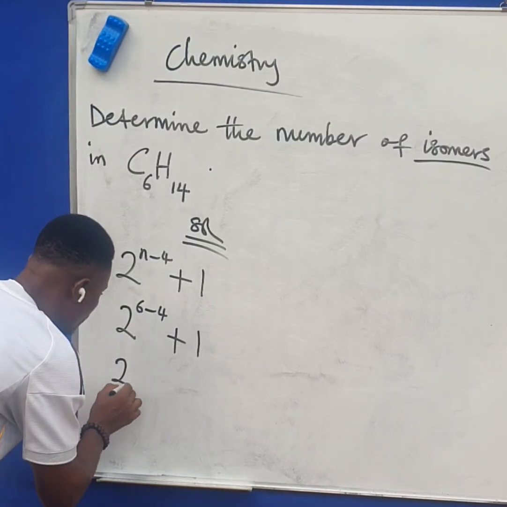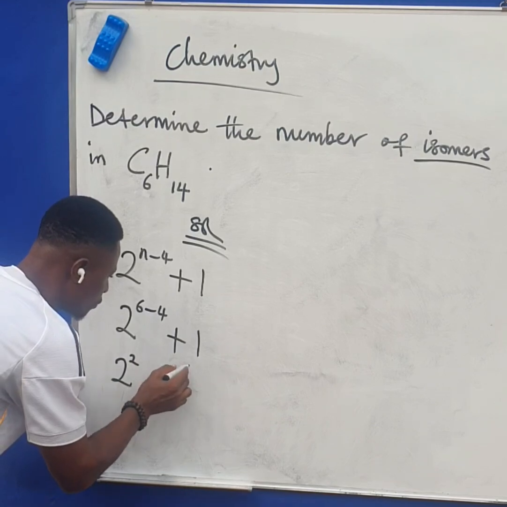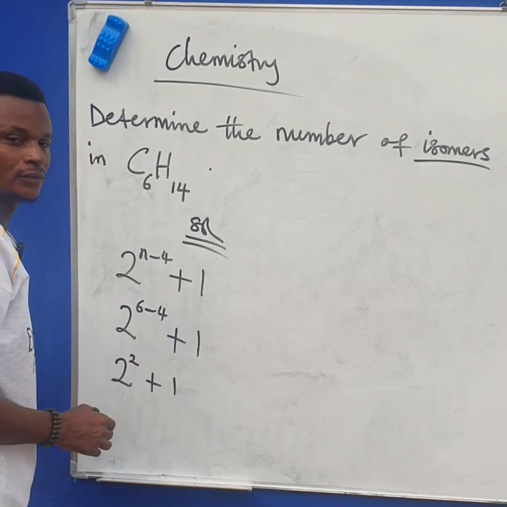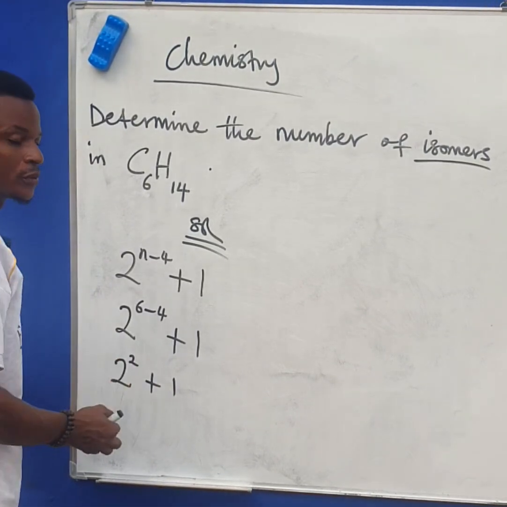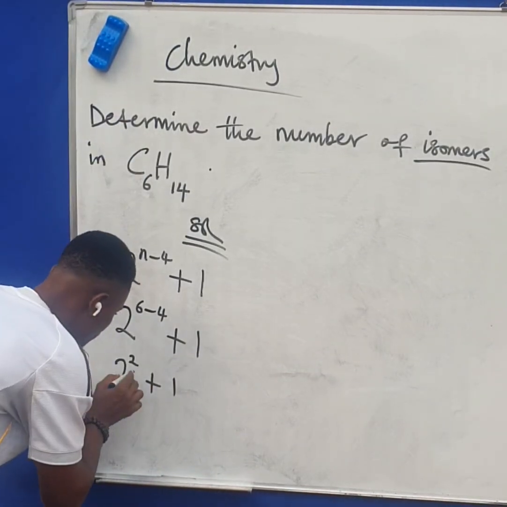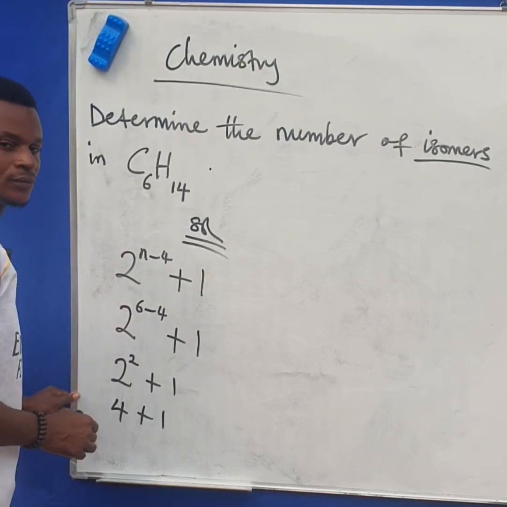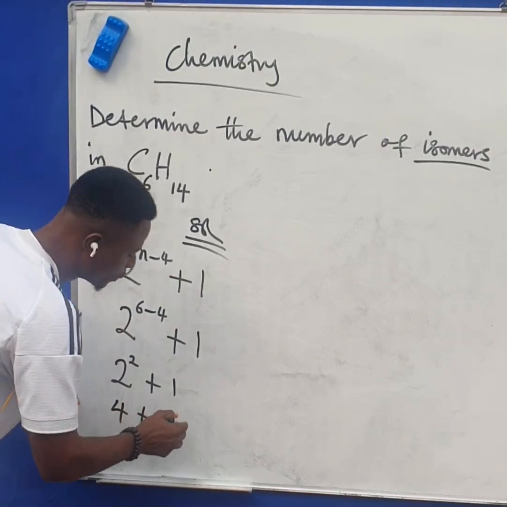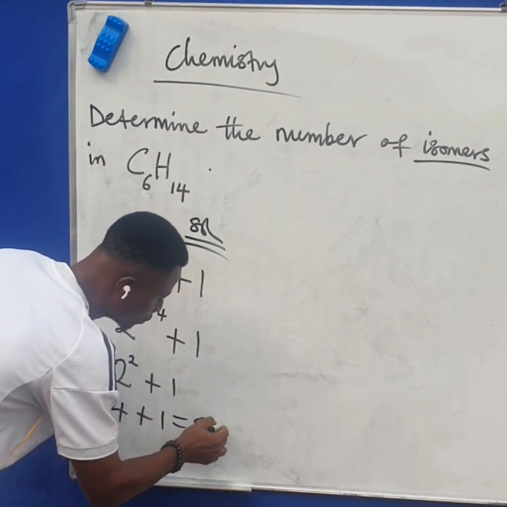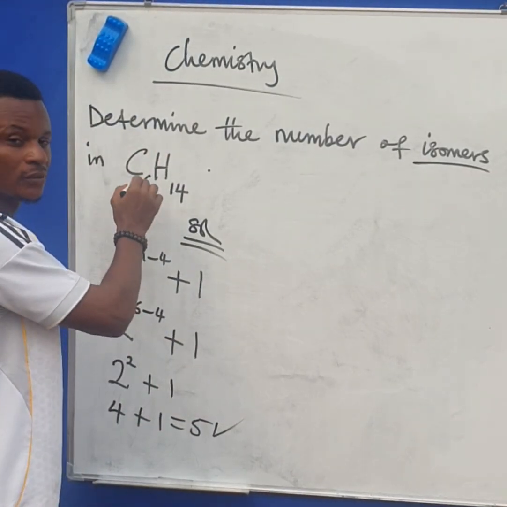We have 2 raised to the power of 6 minus 4, that will give us 2, then plus 1. 2 raised to the power of 2 means 2 times 2, which is 4. So this will give us 4, then plus 1. And 4 plus 1 will give us 5. So there are 5 isomers in this.